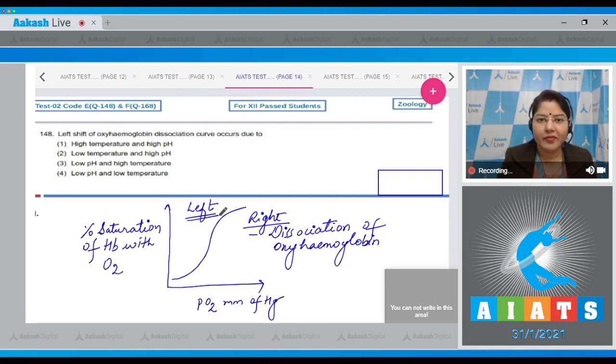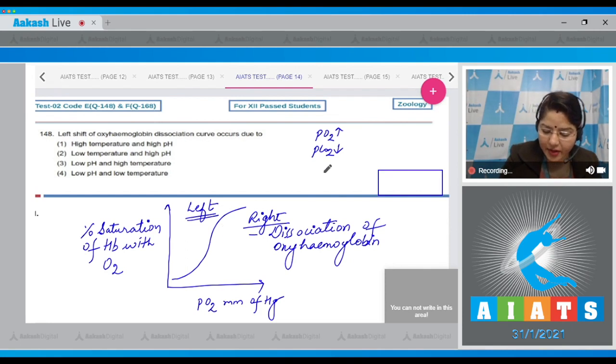The primary factor which affects the formation of oxyhemoglobin is partial pressure of oxygen. When partial pressure of oxygen is more, then this curve will shift to left side. And when partial pressure of CO2 is less, then also curve shifts to left side.